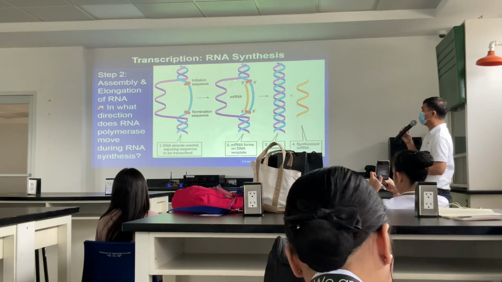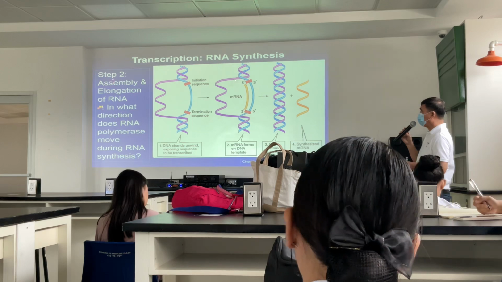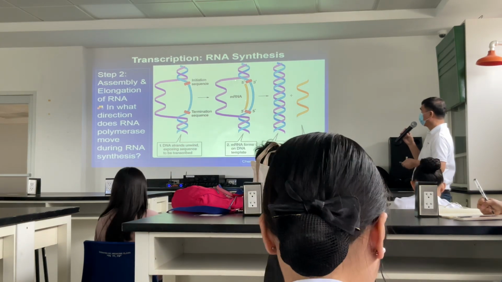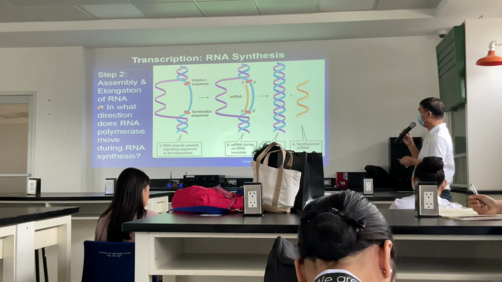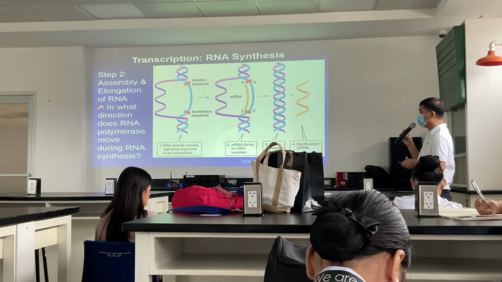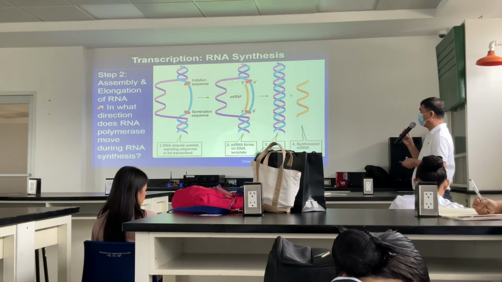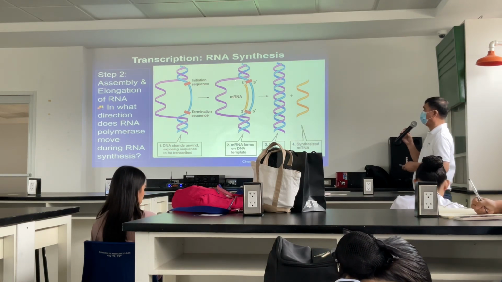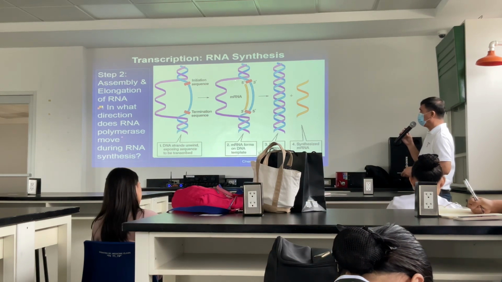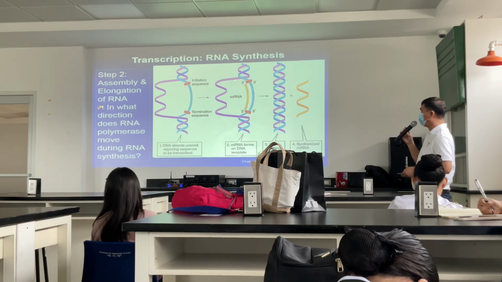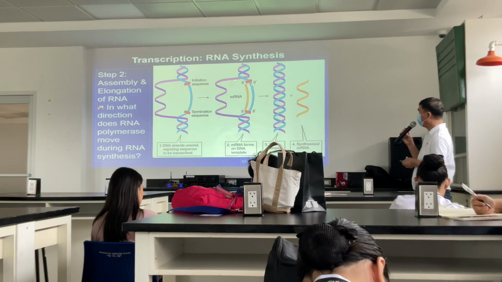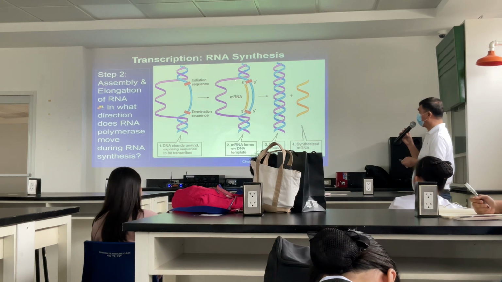Next, step 2 will be the assembly and elongation. This is step 2, the assembly and the elongation of the RNA, whether it is mRNA, ribosomal RNA, or transfer RNA. So in what direction does RNA polymerase move during RNA synthesis? You have to be guided by this blue color template.